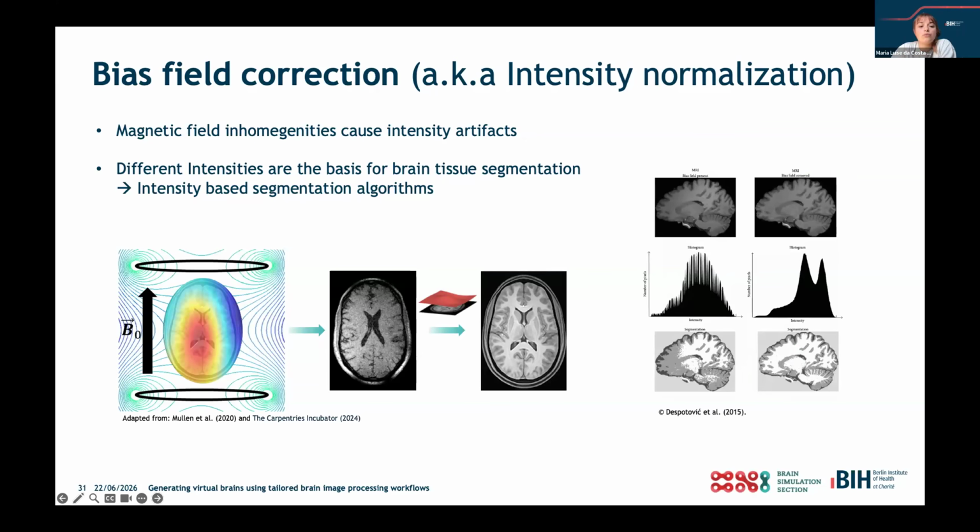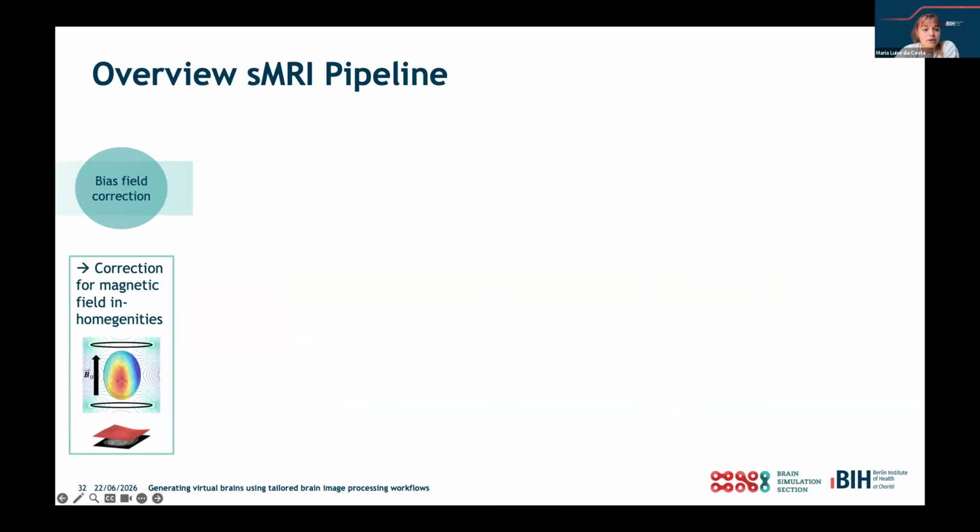And here you see how it would look in practice. On the left, you have the MR image before bias field correction, and here after bias field correction. In the middle, you see the intensity histograms, and there you already see all of those peaks.